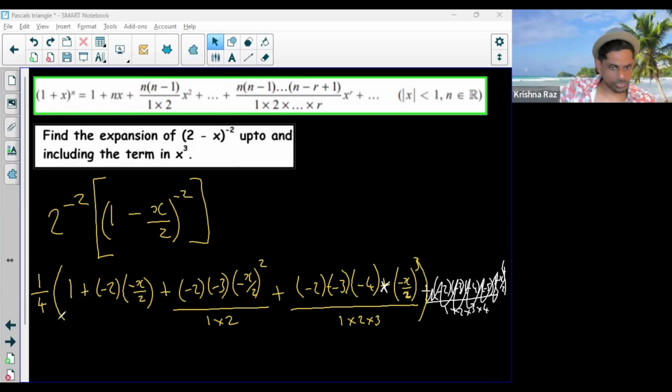So I have a quarter of 1. And then minus 2 times minus x over 2 is plus x. Now I've got cancellation here. That 2 cancels with that 2, and the minus cancels with that minus. So I've got a minus x squared, which is x squared.